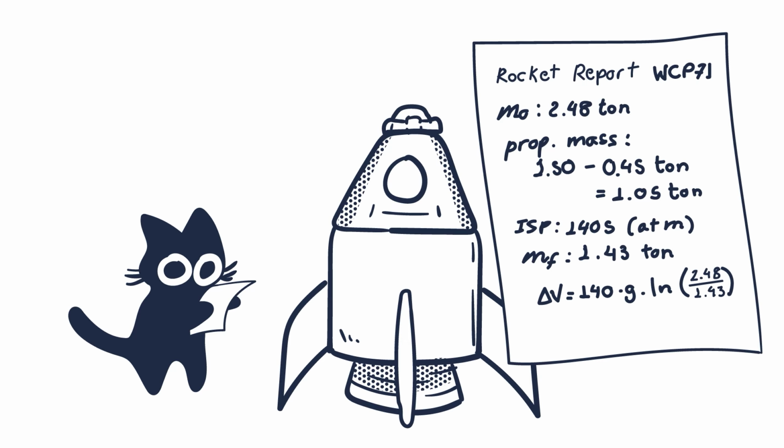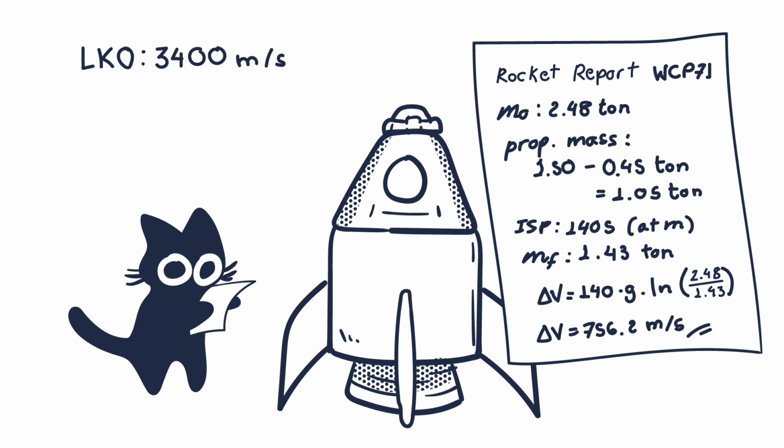By taking the natural logarithm of this ratio and multiplying it by gravity and the specific impulse, we get a final result of 756.2 meters per second. Since achieving low Kerbin orbit requires approximately 3,400 meters per second, this result indicates that our vessel is incapable of reaching orbit, classifying it effectively as a suborbital sounding rocket.